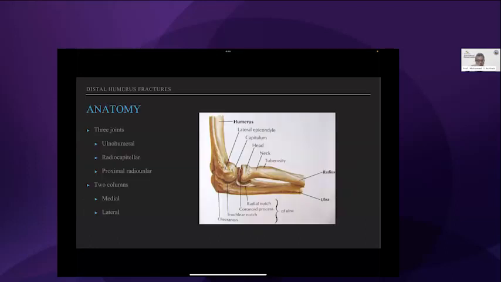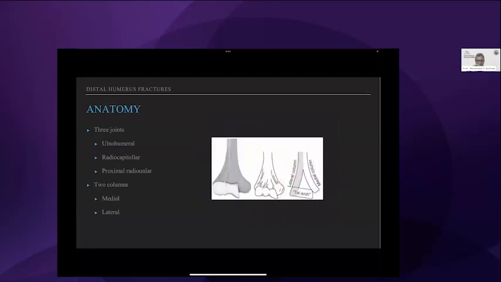Thorough understanding of the complex anatomy of the elbow, the soft tissue stabilizing structures around the elbow, and the adjacent neurovascular structures is essential before doing surgery around the elbow. The distal humerus is a triangular structure with a lateral column and a medial column.